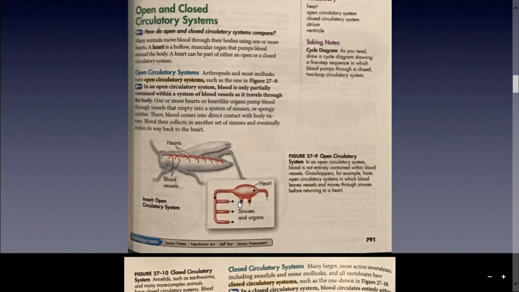But at the end of the line, when you finally reach the organs that want to drop stuff off or deposit stuff into the blood, that takes place in an open area, and there's no containment necessarily. Now you could argue that the organism itself is containing all of the blood by its exoskeleton, and yes, that's true, but the point is the blood's not always staying within a vessel.